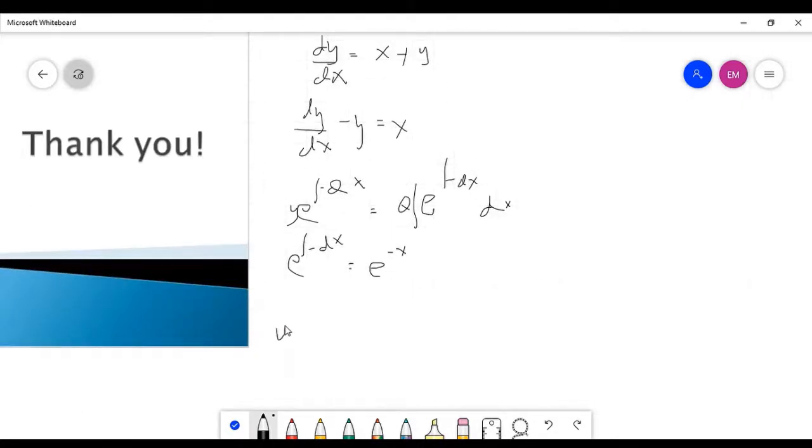We have y e raised to negative x is equal to your Q, which is x, and then the integral of Q e raised to the integral of dx.